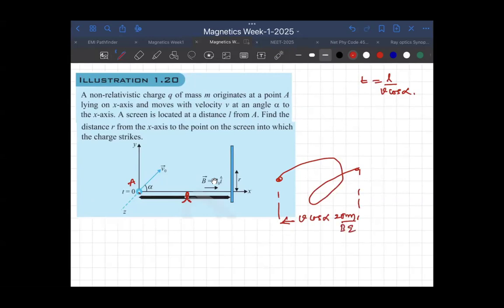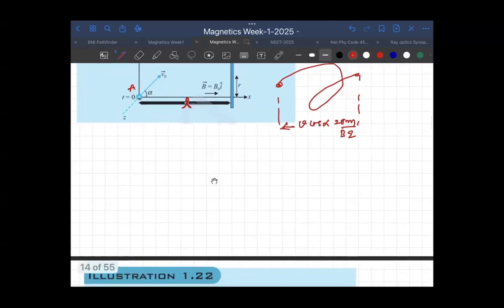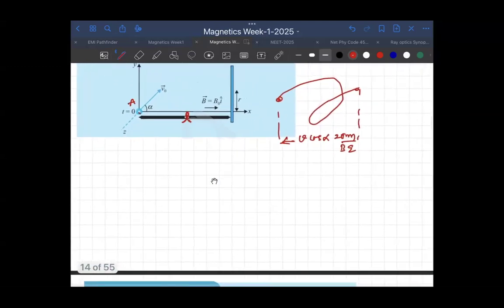That is one pitch. I don't think that is what he is expecting. He is asking the distance from the x-axis to the point on the screen at which the charge strikes. So what exactly is he asking? You need to work on that very carefully. For this purpose, I will study it more clearly.